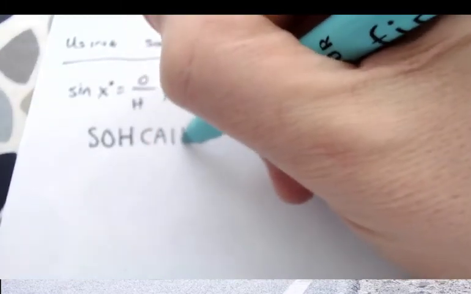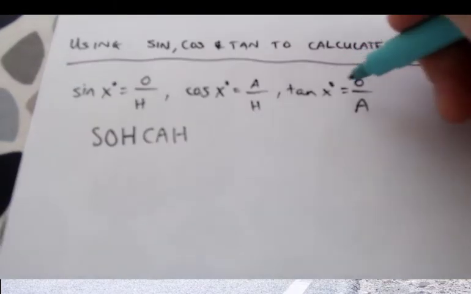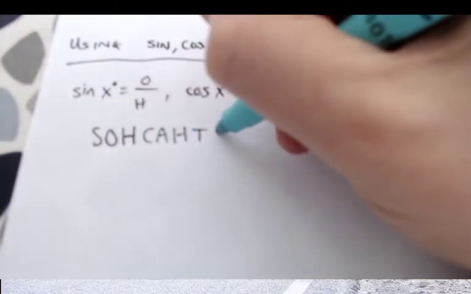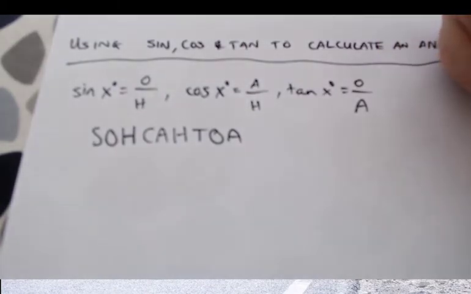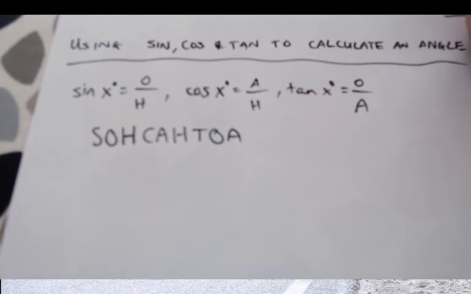Cos is adjacent over hypotenuse, CAH. Tan is opposite over adjacent, TOA. SOHCAHTOA is a very well known and very well remembered way of remembering the rules. Okay, so we're going to use this to help us identify which rule we're going to do.